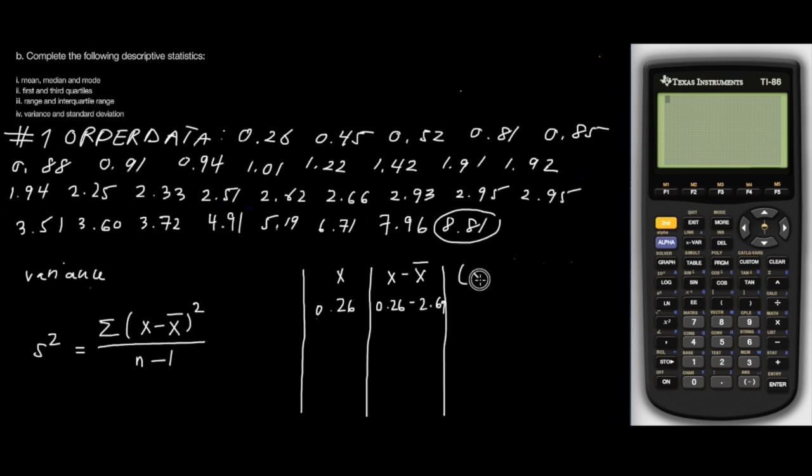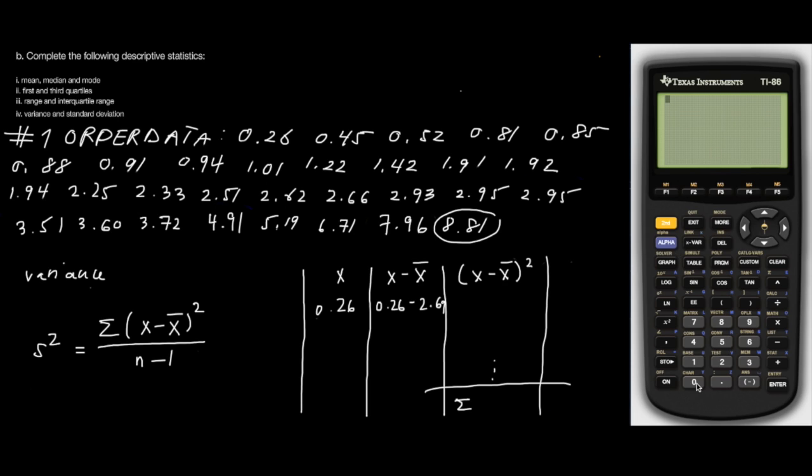And then you would have a third column, which is that value squared. And finally, at the very end, we would be able to take the sum of all these values. It seems tedious at first, but it's a quick way to make sure that you're doing it right for the first few times. So let's go ahead and compute all this.